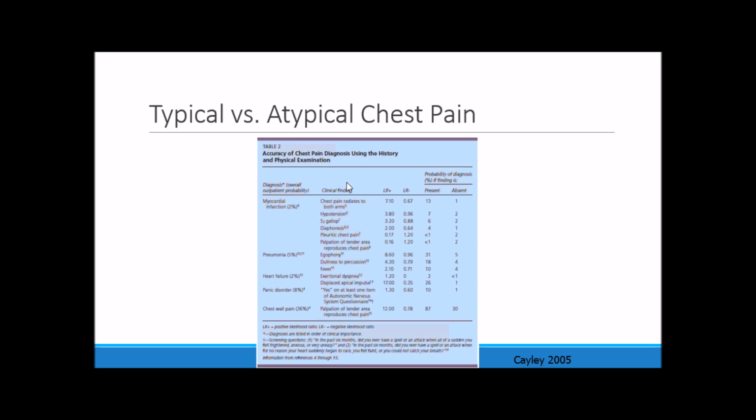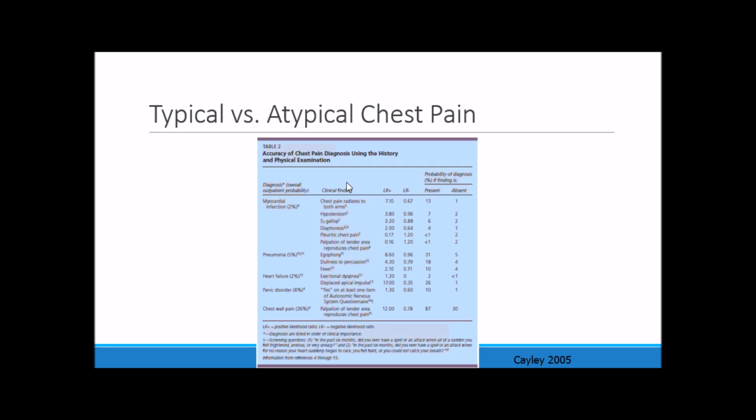In general, likelihood ratios that are 5 or more are moderately predictive that they do have it. When you start to get to 10 or more, it's highly predictive that they do have it. Going in the less than 1 direction, a likelihood ratio of less than 0.5 is moderately predictive that they don't have it, and less than 0.1 is very predictive that they don't have it.